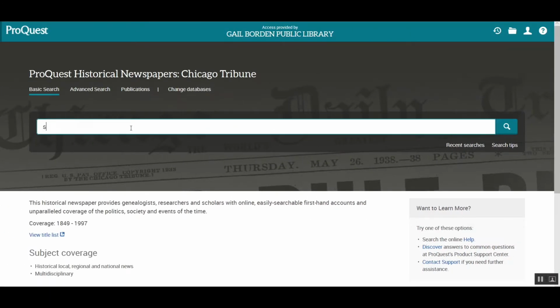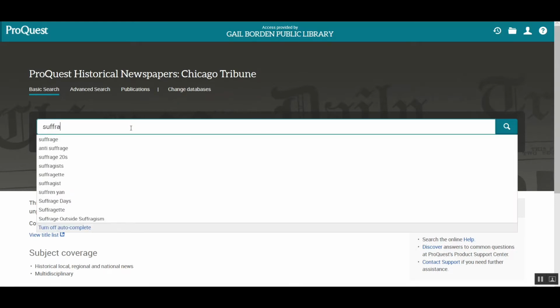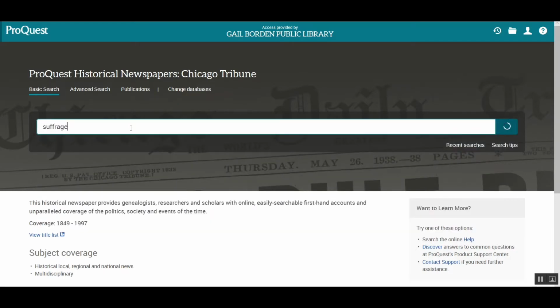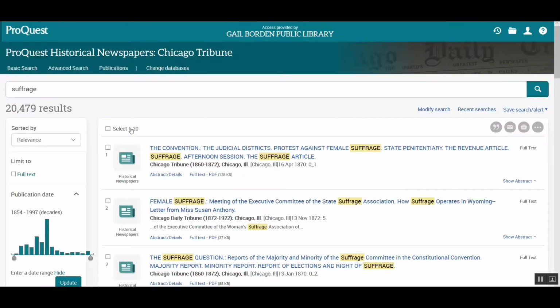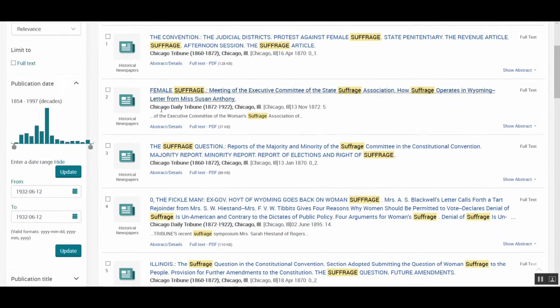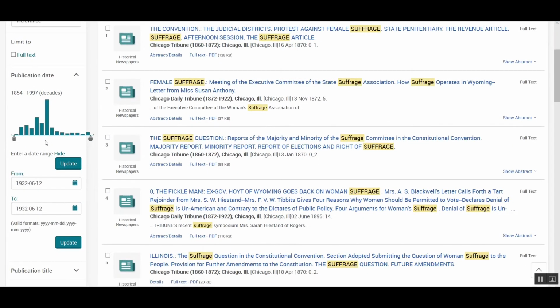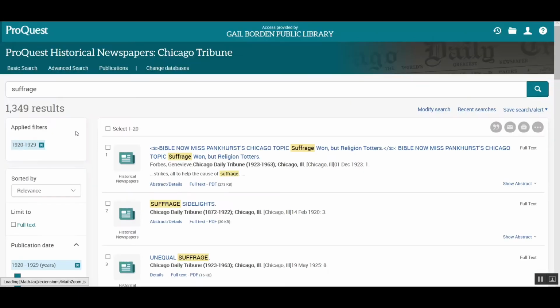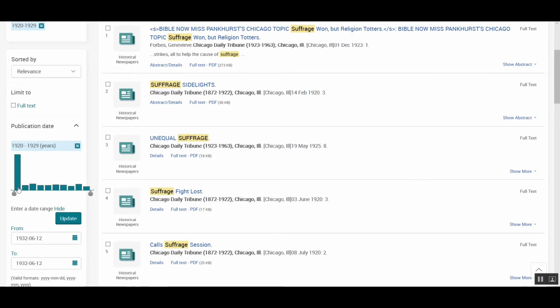So let's say I am looking for information on the women's suffrage movement. Now that went on for a long time, so you can see I've got over 20,000 results. I'm gonna limit myself to the time period when the amendment was passed. So I'm going to narrow it down, and you can just keep narrowing.